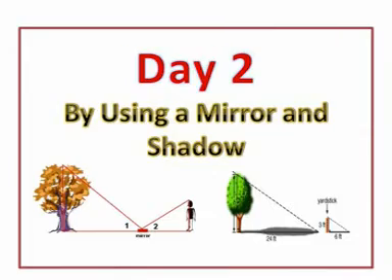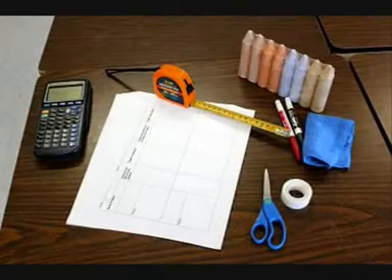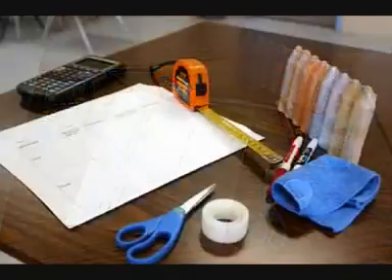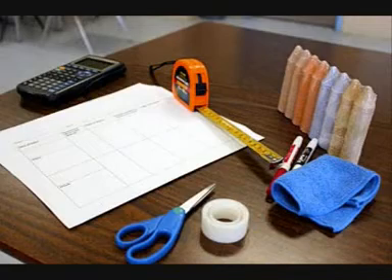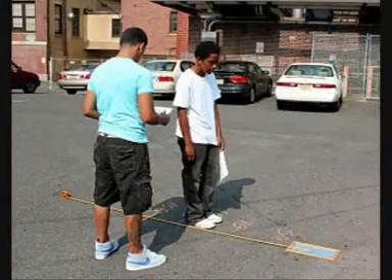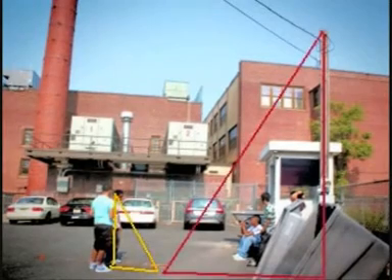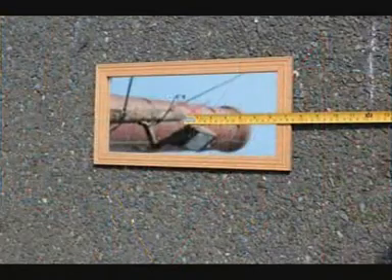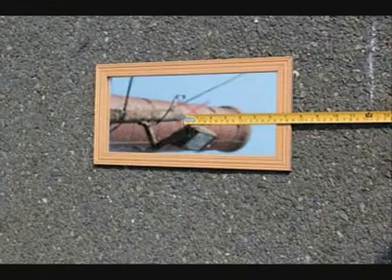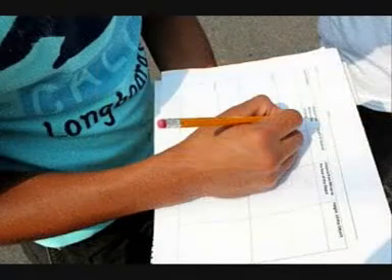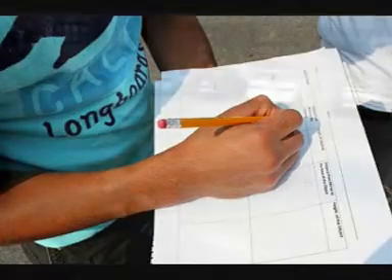The next day, students went outside and used only these materials. They tried to find the height of a pole by using a mirror, and they recorded in mathematical form.